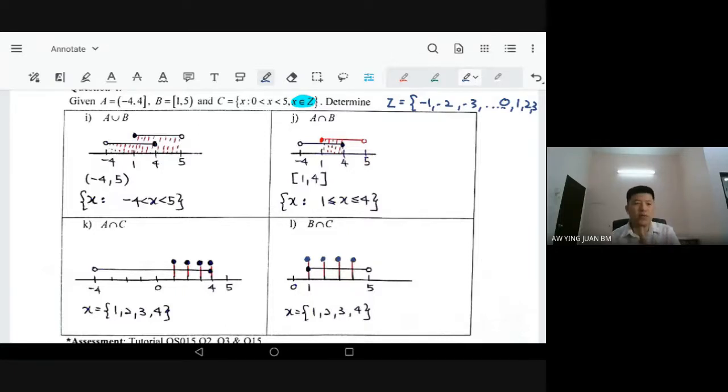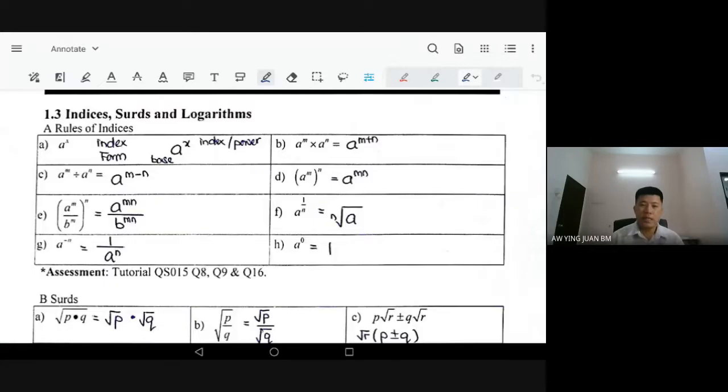Sebab dia not interval. It is a single number. Faham? Yang dot ini, ini adalah integer. Okay?